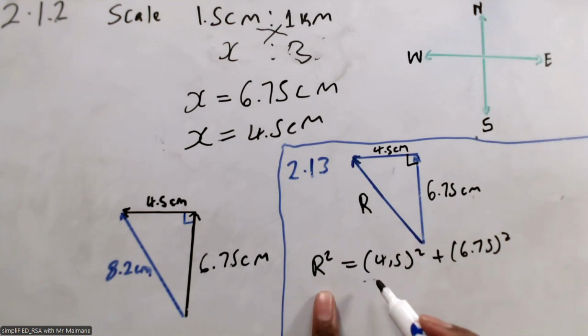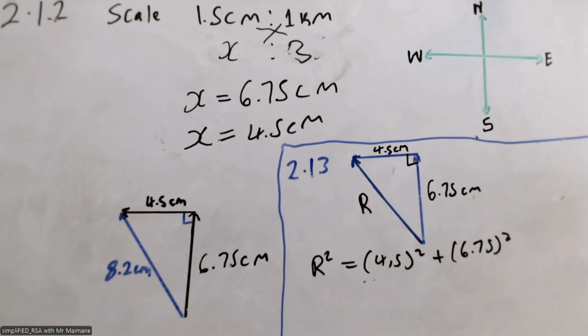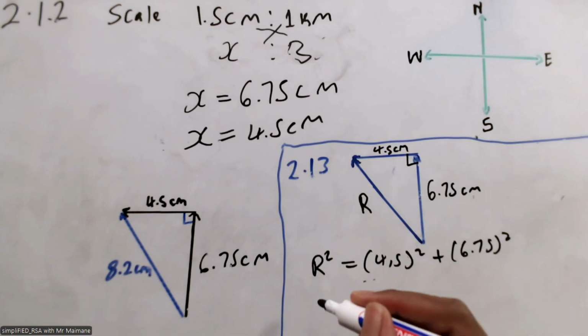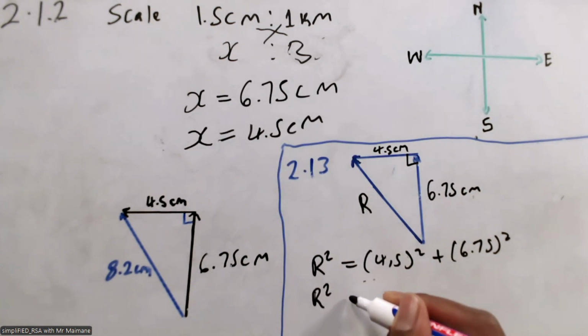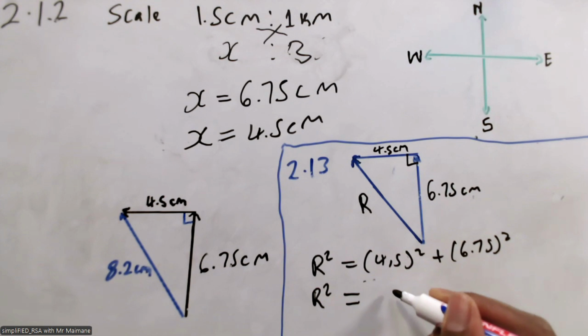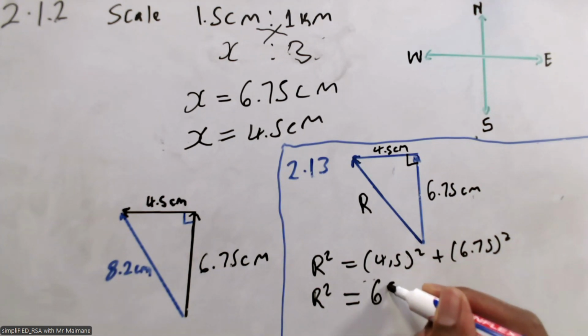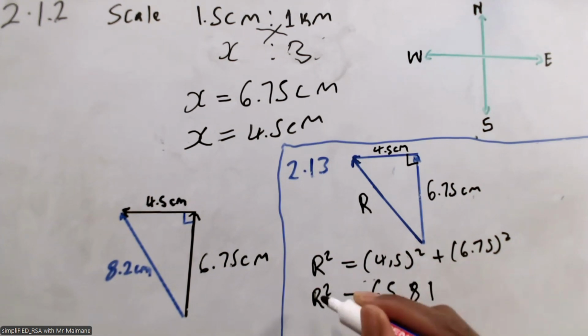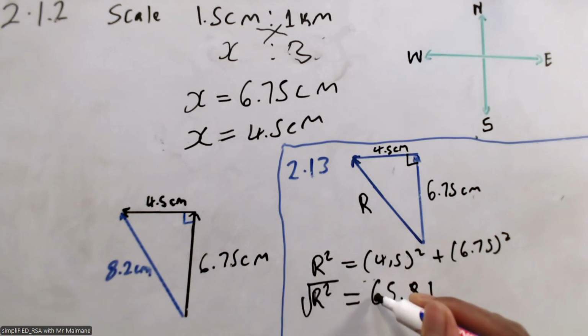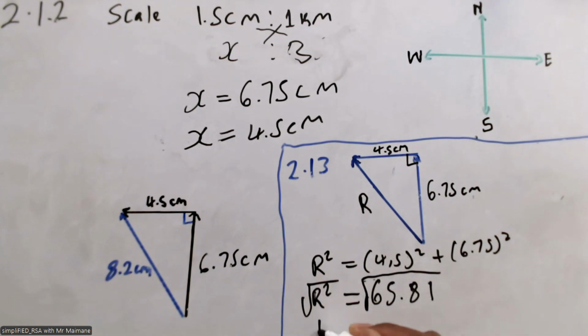So r squared is equal to 4.5 squared plus 6.75 squared. And then using a calculator, we get that r squared is equal to 65.81. Therefore, square root of that to get the resultant displacement.